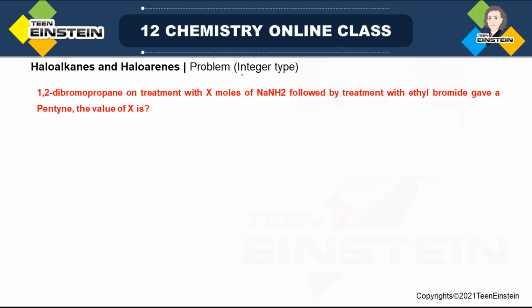Next problem. Now see, this is an integer type of problem, so there will be a simple number. 1,2-dibromopropane. That means propane, a 3 carbon chain, but at 1 and 2 position, that is the first carbon and the middle carbon, there will be 2 bromine substituents. And you are treating this molecule with X moles of sodium amide. Now sodium amide, NaNH2, is a very strong base.